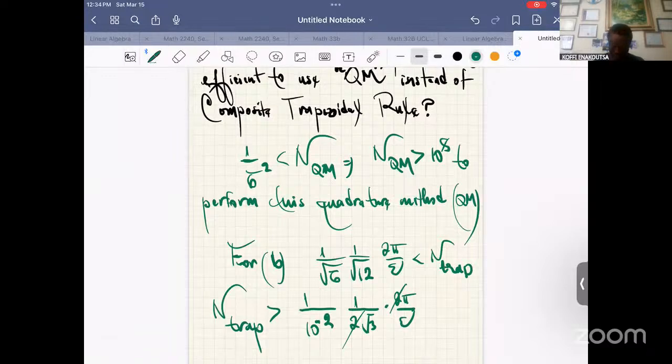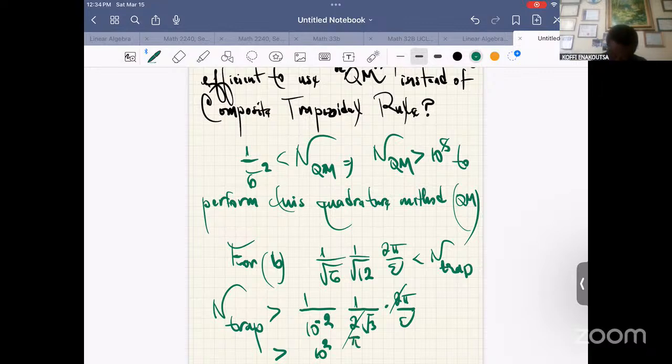And if we do that, then it becomes 10 to the power, NTRAP here is greater than 2 to the base, so that will be greater than 2 to the power positive n, divided by, we can simplify the 2 by the pi over here, and then I have epsilon.